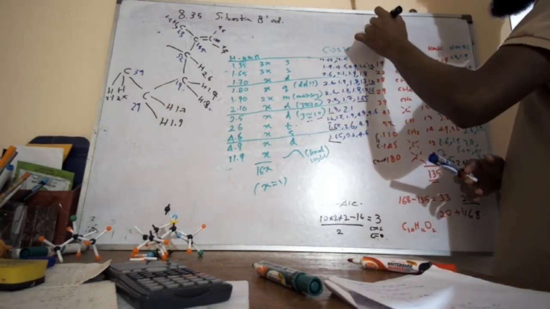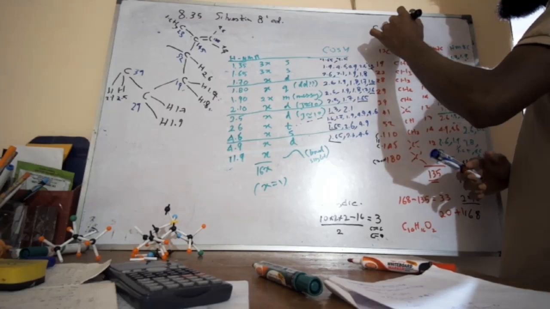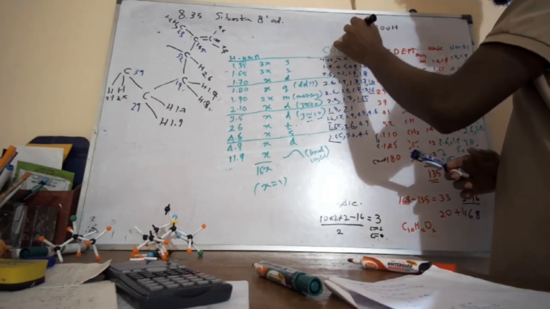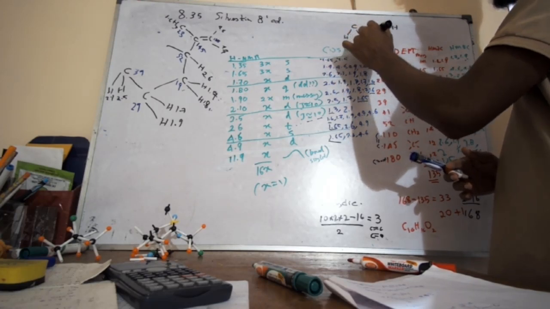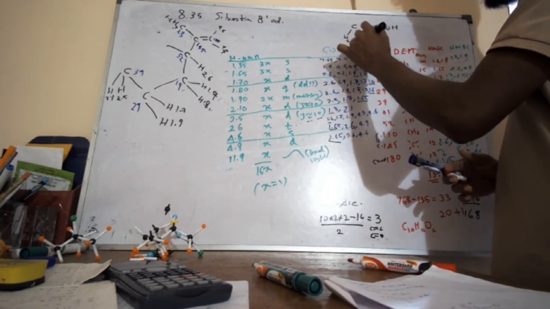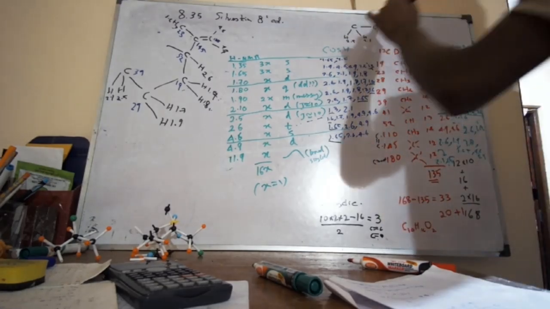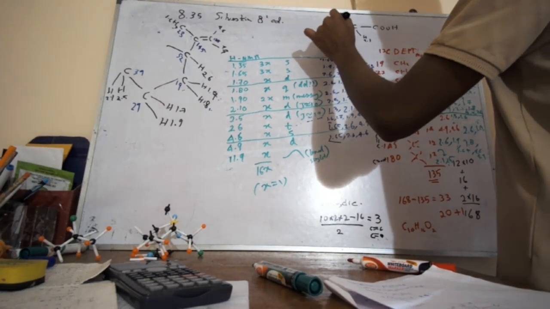If you consider the COOH, this carbon only correlates with 2.5 and 2.1.